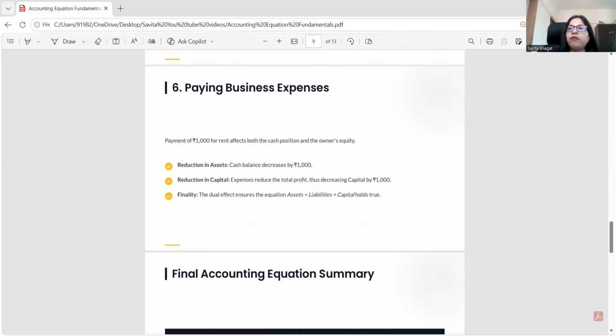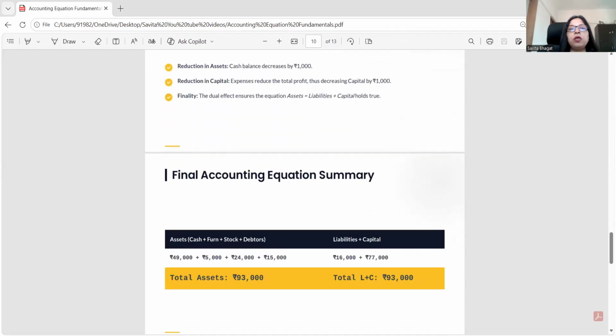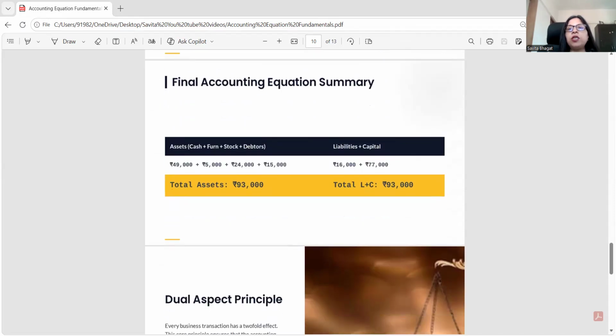So finally, what will be the dual impact we will see? Assets is equal to liabilities plus capital, which will hold true in all situations. What does the final accounting equation look like here? It will be 49,000 of cash.